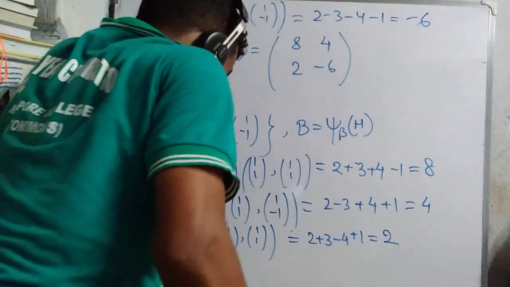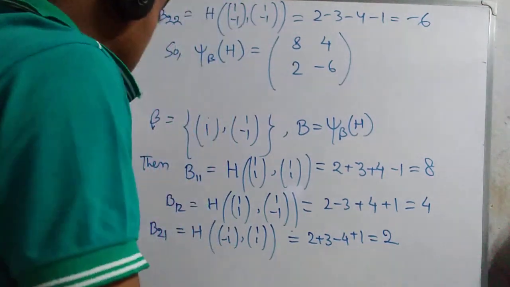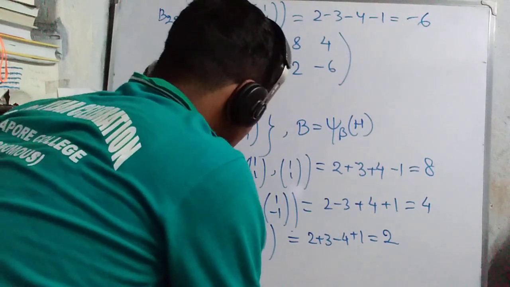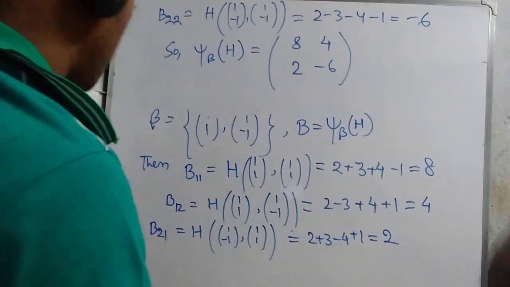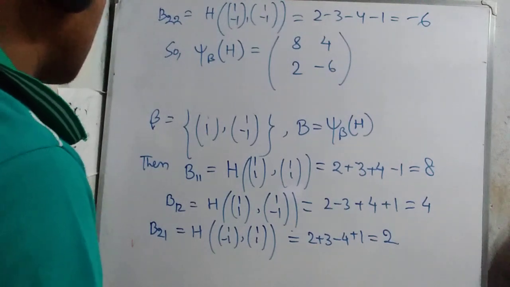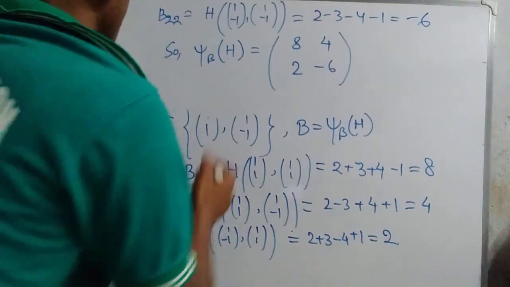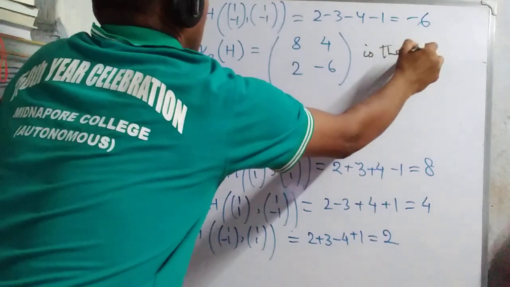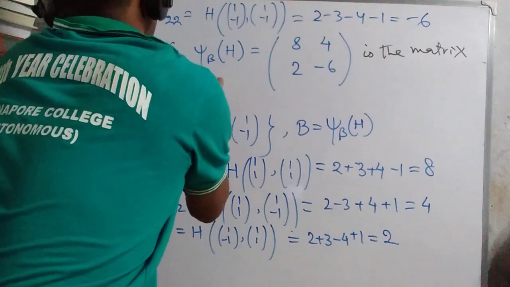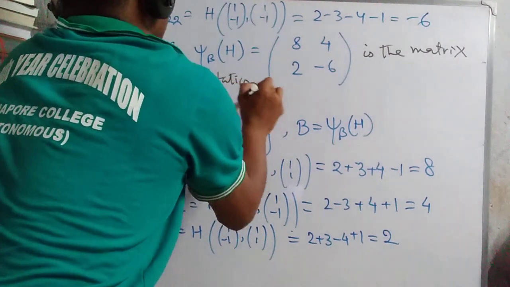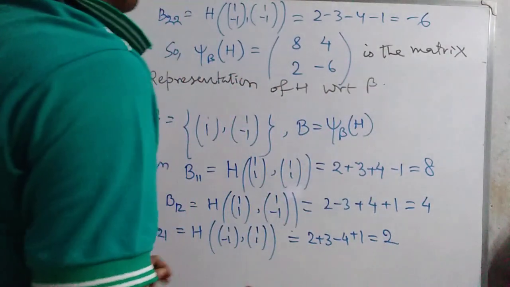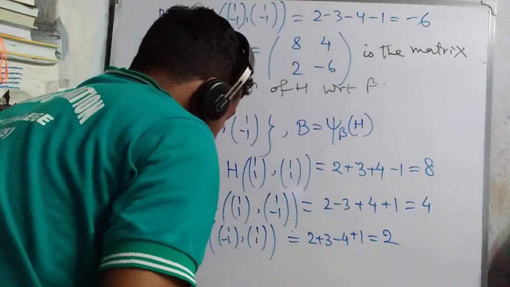So in this way we represent the matrix representation of some bilinear form H with respect to some ordered basis beta. Understood?